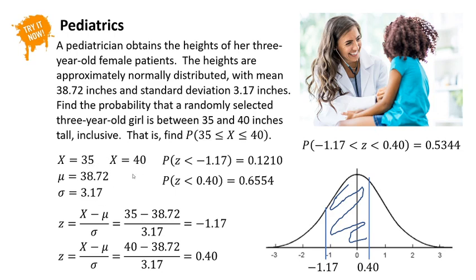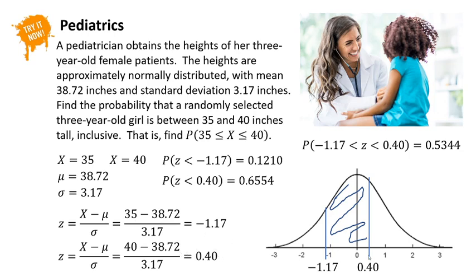This is less than the mean, this is greater than the mean, but by how much? Well, this first one is less than the mean by negative 1.17 standard deviations. So more than a standard deviation away from the mean here, less than that. And 40 in relation to 38.72 is 4/10 of a standard deviation to the right of that.